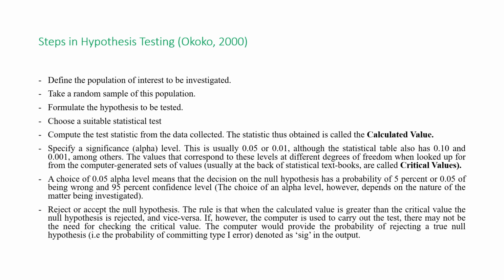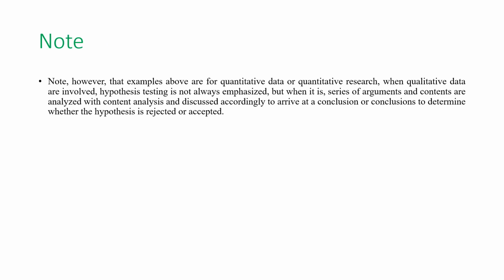This is the probability of committing type 1 error, like I said earlier, and in the computer output it is denoted as SIG. So wherever you see SIG, the value that you see there is giving you the alpha level, and that's the probability of committing type 1 error if you reject the null.